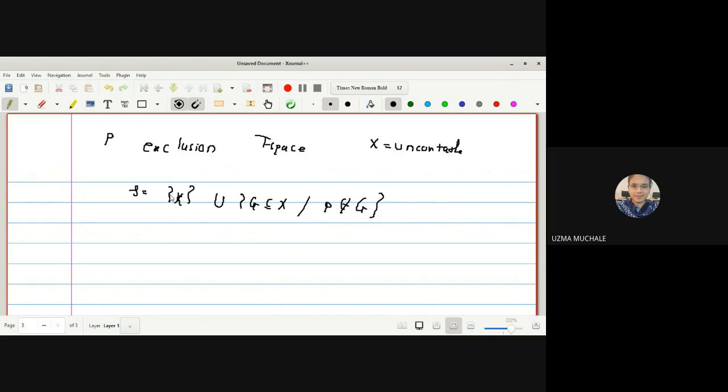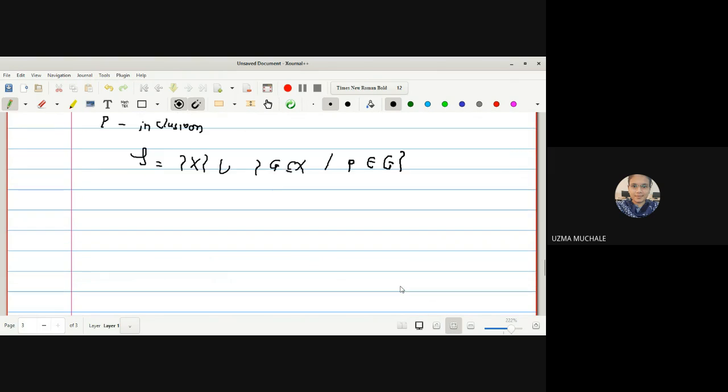Either it should be the whole set X itself, or it should be an open set which does not contain the point P. In a very similar way, we have one more topology, that is P inclusion topology, in which the definition is the set X union with the open subsets of X which contain the point P. Very similarly, we have defined the ray topology, that is of the form A to infinity, just like starting from A to infinity.